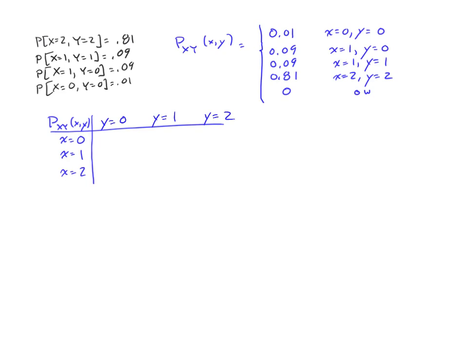And now you fill in the table with the x and y pairs. So the probability x is 0 and y is 0 is 0.01. The probability x is 1 and y is 0 is 0.09. The probability that x is 1 and y is 1 is 0.09. And the probability x is 2 and y is 2 is 0.81.